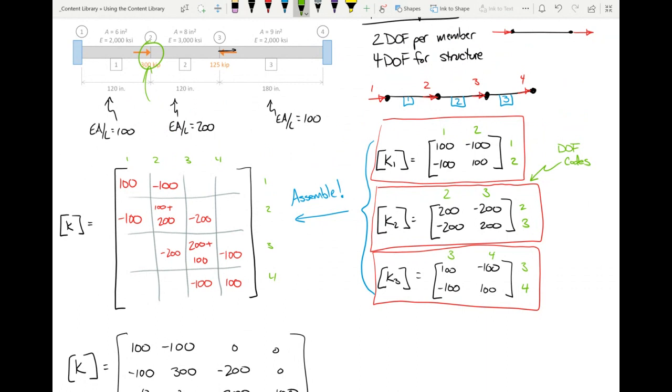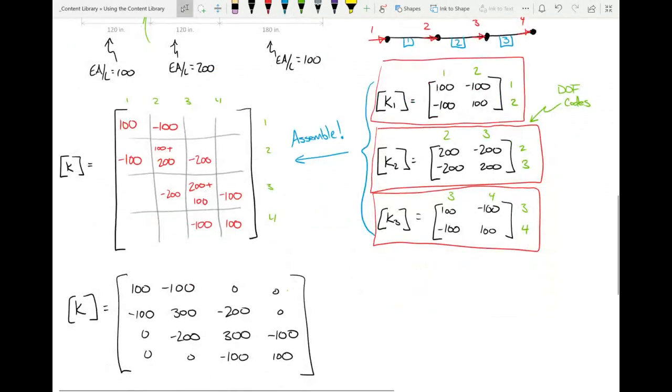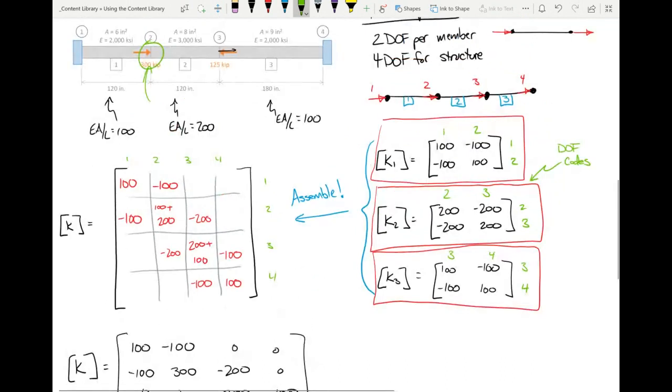So at that particular point, those stiffness terms overlap. It's another reason why the other terms in the matrix are 0. If I'm yanking joint 1, that doesn't affect joint 4 at all, which is why all those are 0. Does that make sense?